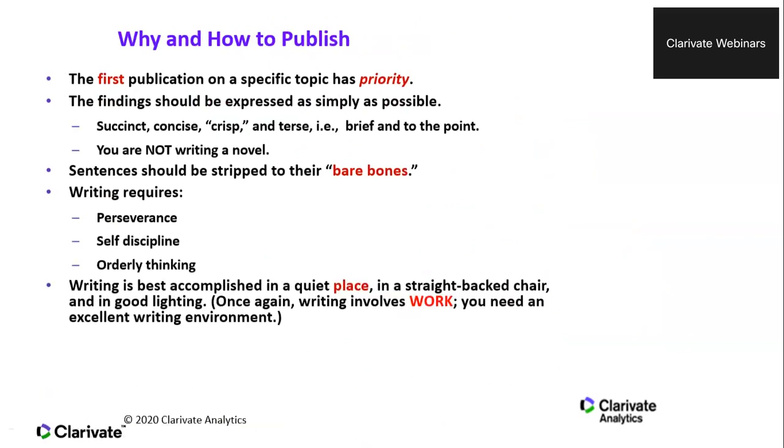Finally, the first publication on a specific topic always has priority, so make sure that you are not repeating. If you see, there have been a lot of papers. I'll give you an example again of the coronavirus, COVID-19. The papers in the beginning which addressed key concepts were the papers which were cited and really used.